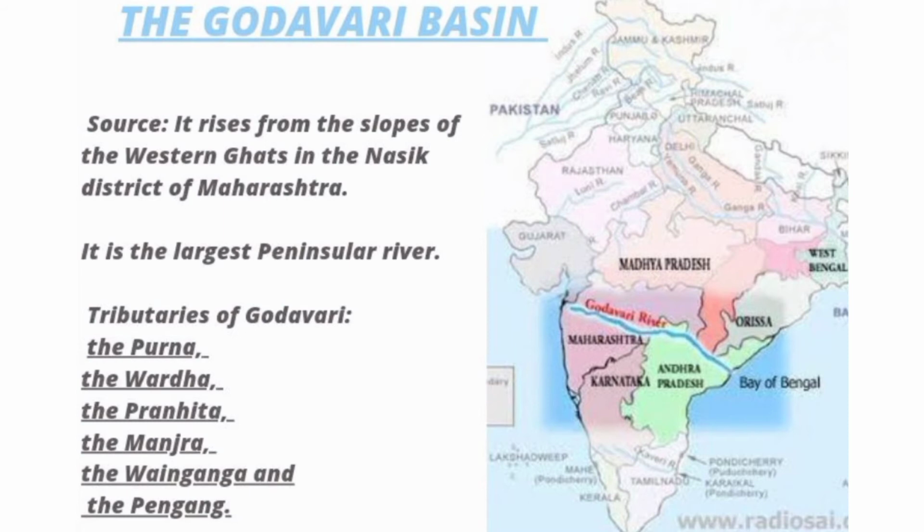The Godavari Basin. Source: it rises from the slope of the Western Ghats in Nasik district of Maharashtra. It is the largest peninsular river. Tributaries of the Godavari: the Purna, the Wardha, the Penganga, the Manjra, the Wainganga, and Pranhita.